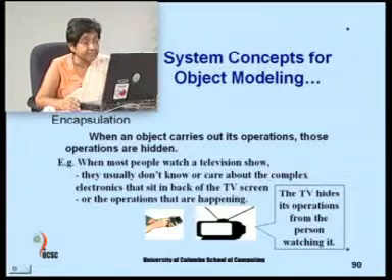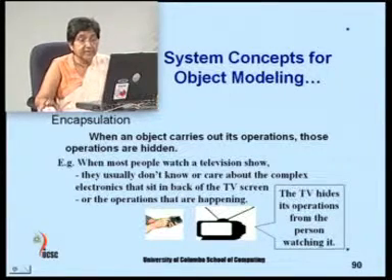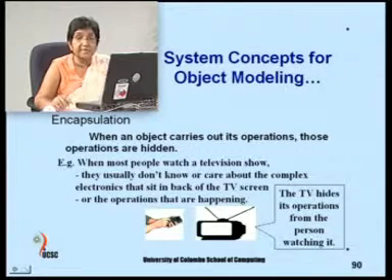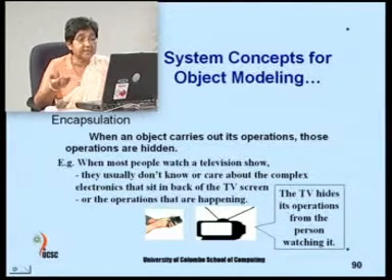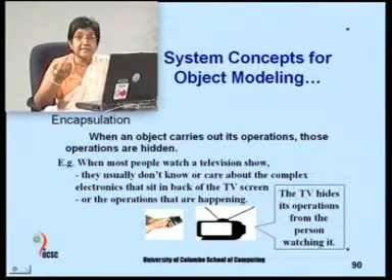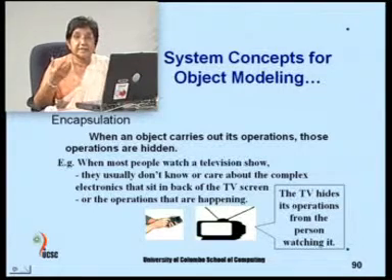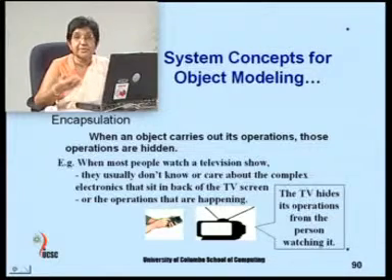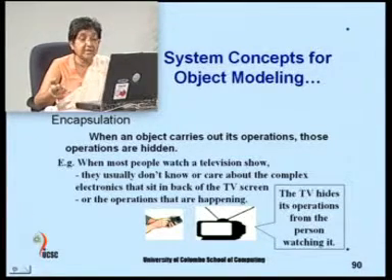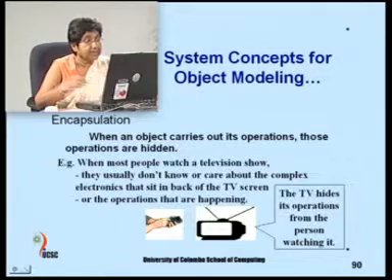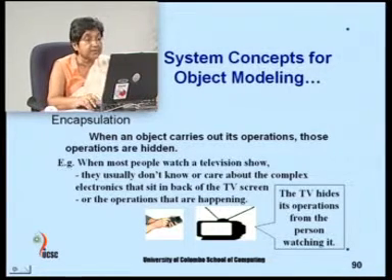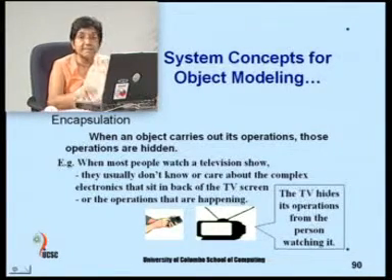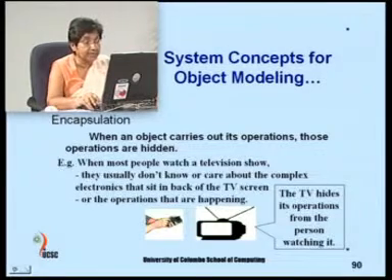So, the TV really hides its operations from the person watching it. When we are watching a TV program, we are only interested in what is shown on the screen. We are not interested in how this is shown or what electronics are behind the screen, nor are those being shown to us. Similarly, in objects, operations are hidden inside the object.